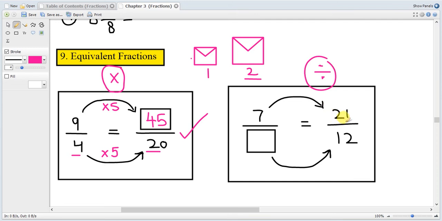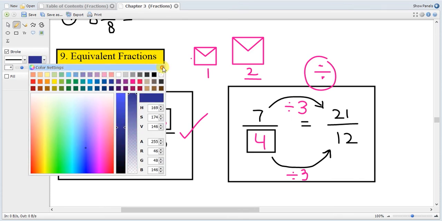Since we have to reduce this number, 21 divided by which number will give you 7? 21 divided by 3 will give you 7, right? Now we have to apply the same rule, which is divided by 3, on the denominator side. So 12 divided by 3 is equal to 4, right?